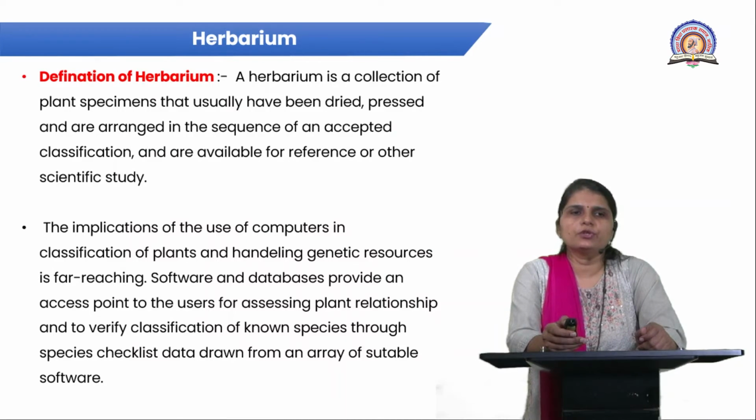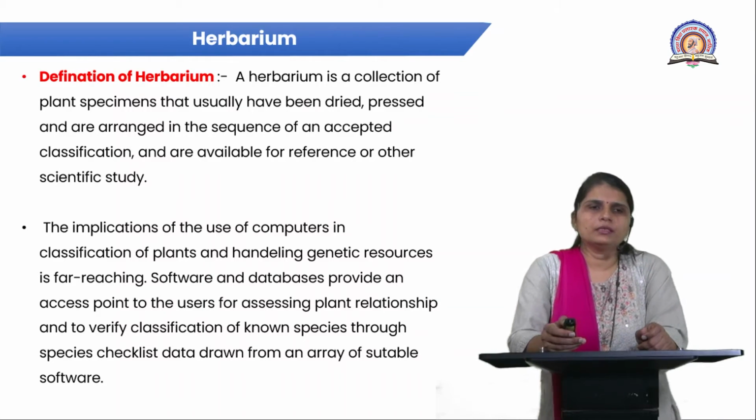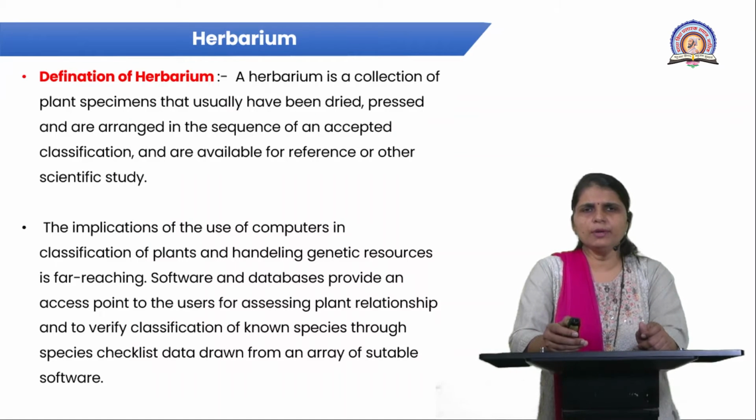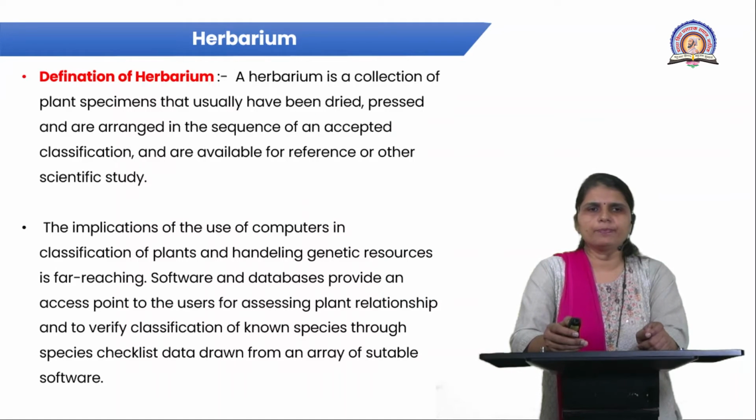The herbarium is a collection of plant specimens that usually have been dried, pressed, and are arranged in the sequence of an accepted classification and are available for reference or other scientific study. It is very useful for your research. You select a plant and then get the information of that plant by using herbarium sheets or an e-herbarium.